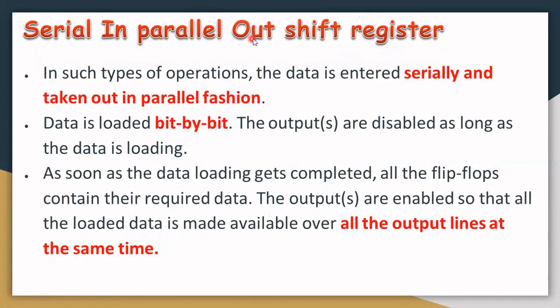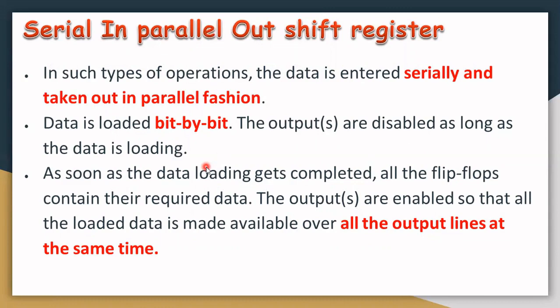Serial in, parallel out shift register. This is the third classification. In this type of operation, the data is entered serially and taken out in parallel fashion. Data is loaded bit by bit, and outputs are disabled as long as the data is being loaded.